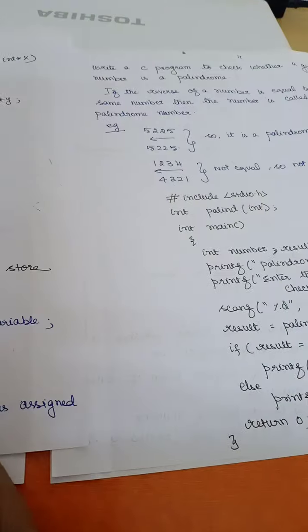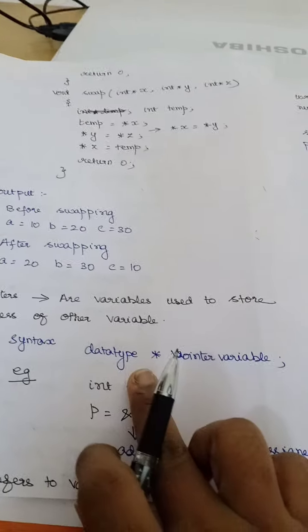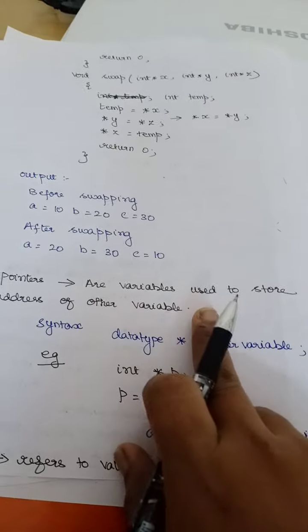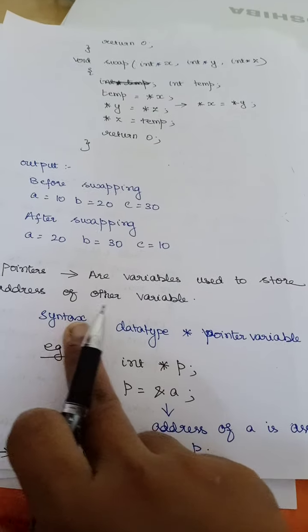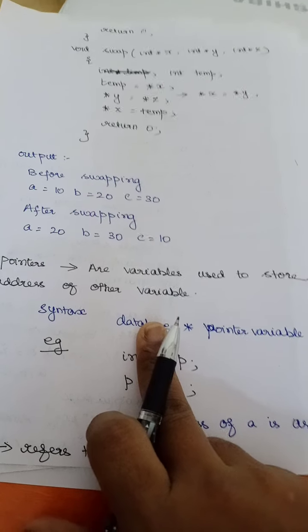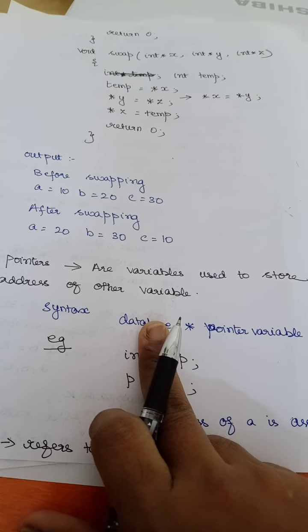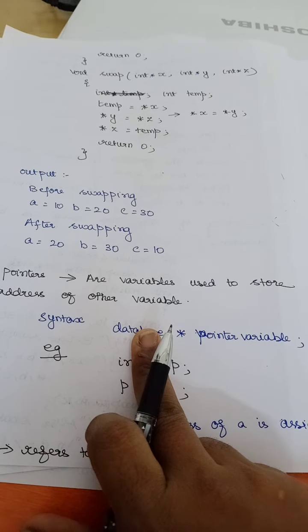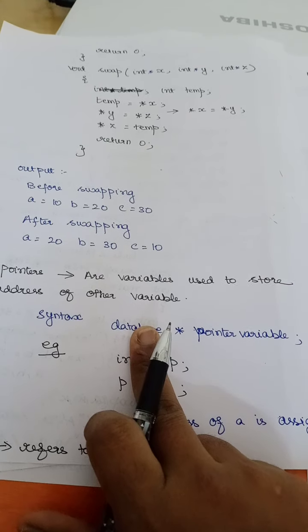Pointers are nothing but variables used to store the address of other variables. So it will not have a value like 5, 10, an integer value and all the other things. It will usually have the address of an integer variable, or the address of a float, or of a character, right?